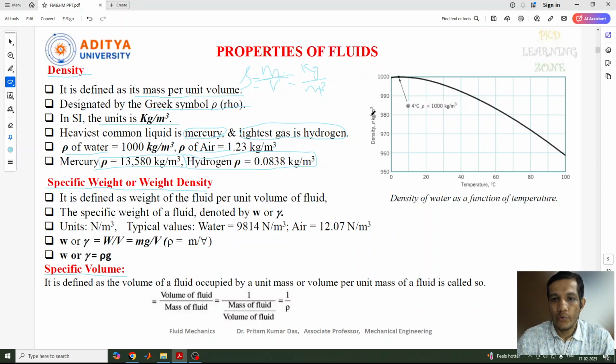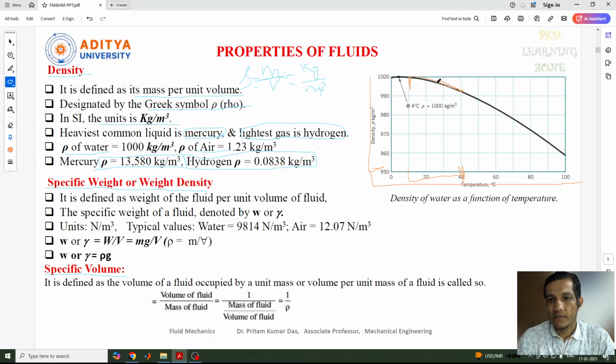Here I have shown you a density versus temperature plot. The y-axis is density and the x-axis is temperature. This curve shows that as the temperature increases, the density of the liquid or fluid decreases. But for water, it is not decreasing that much. If I consider from 10 degrees to 30 or 40 degrees, you can see the density goes from about 999 to almost 992.